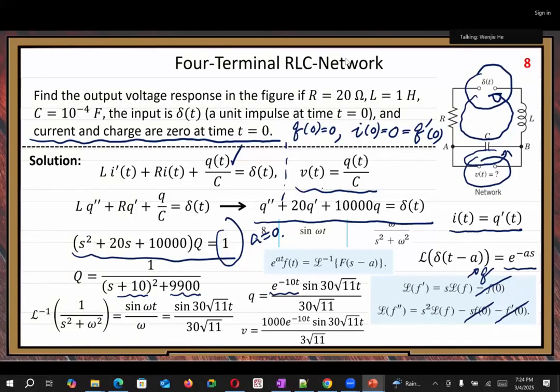Here you can see this word problem is not hard to solve. Many of you may feel it's not easy to solve word problems.